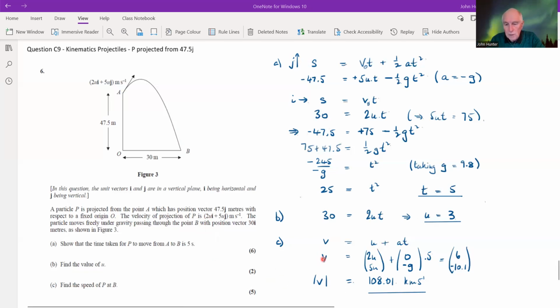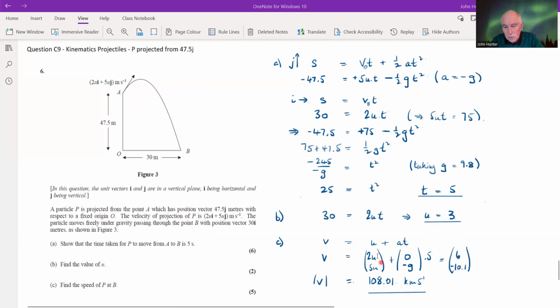Okay, so v equals u plus at, v equals u plus, this is the acceleration. So there's no acceleration in the rightward direction, and the acceleration in the upward direction is minus g times the time, which is 5. Okay, if we work that through, then this is what we get.